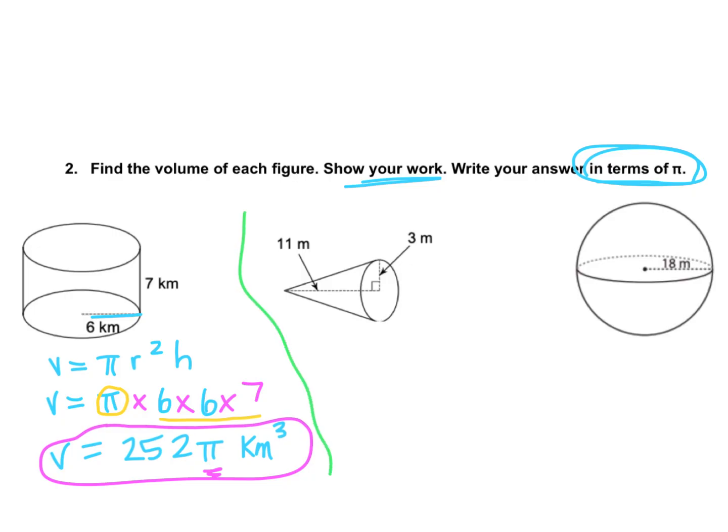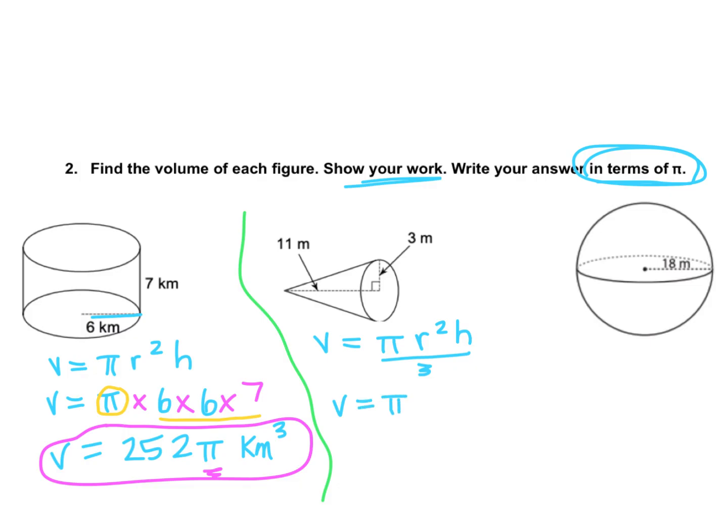The next one is a cone. And we're going to show all of our work. So our formula, on your formula sheet, is 1/3 pi r squared h. Some students like to do pi r squared h and divide that by 3. Either one will work. I'm going to show you the divide by 3.